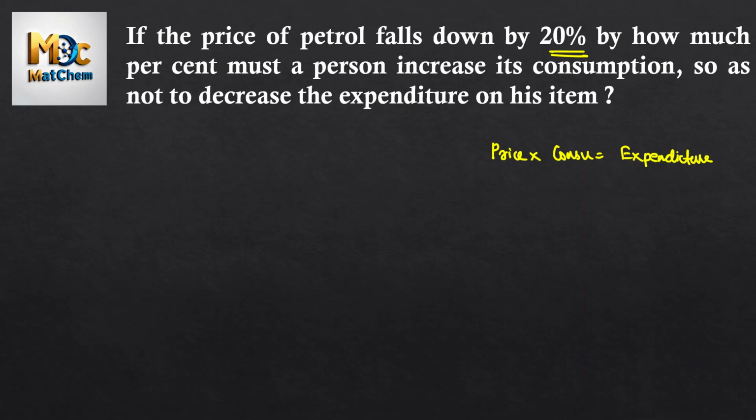Here the price is decreased by 20%. What is 20%? 20% is nothing but 20 divided by 100, which is equal to 1 by 5. So the price has been decreased by 1 by 5.